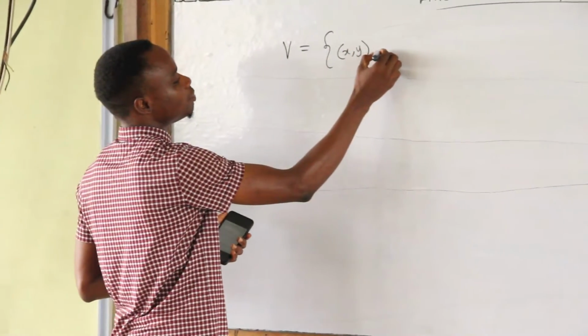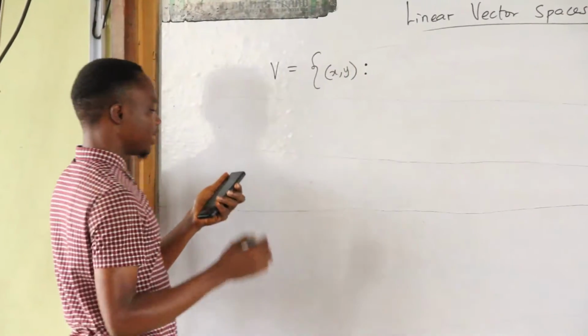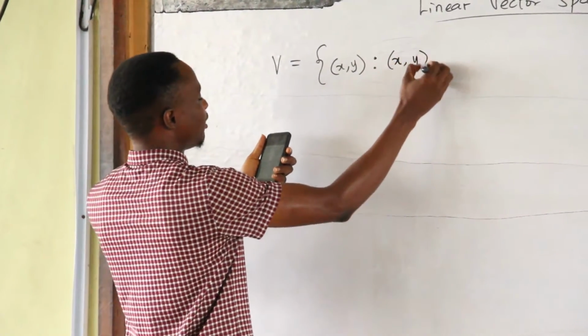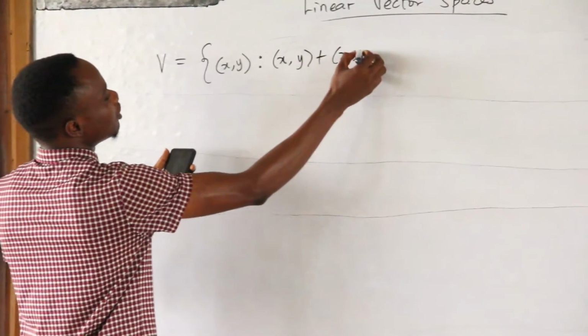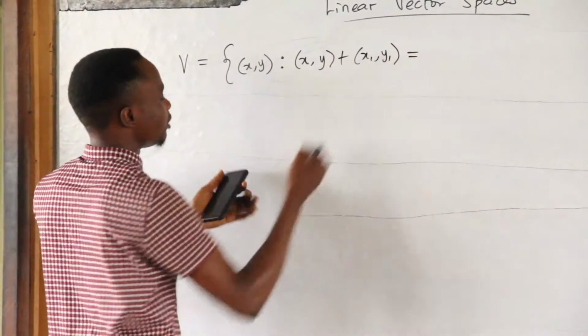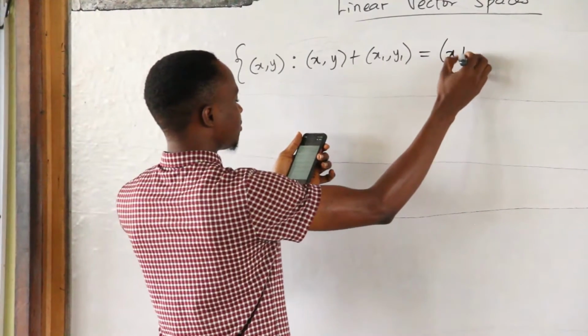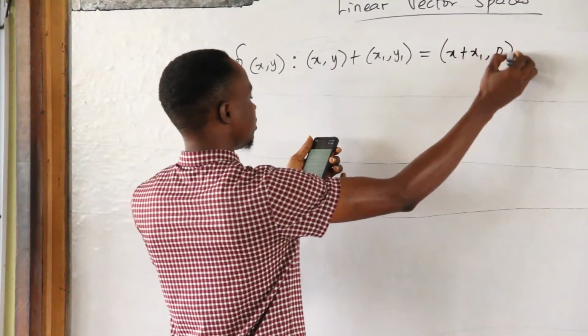We are now being told that when I carry out this operation, (x, y) plus, say, (x1, y1), is going to be equal to (x plus x1, 0).